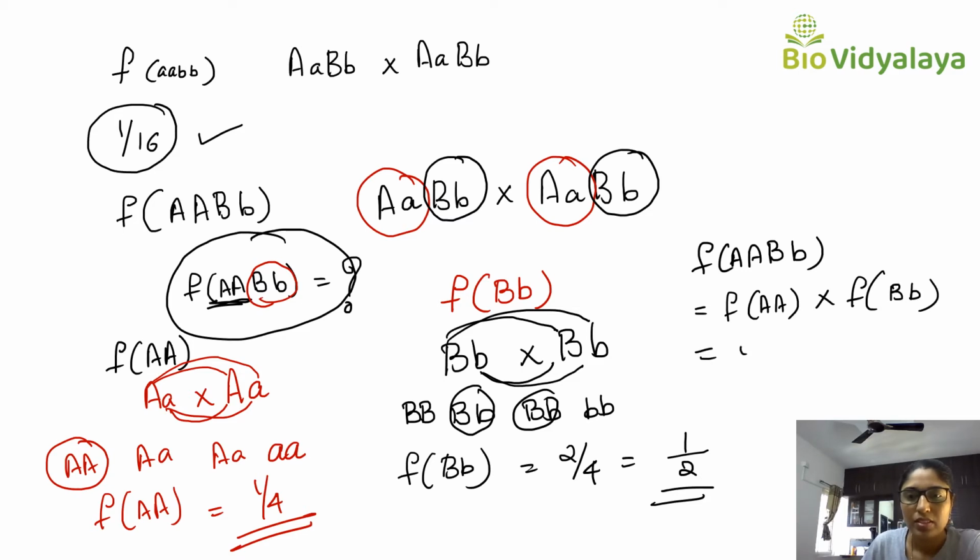That means 1 by 4 into 1 by 2, that is 1 by 8. So this is the frequency of getting the capital A, capital A, capital B, small b genotype. Is this clear for you? Okay.